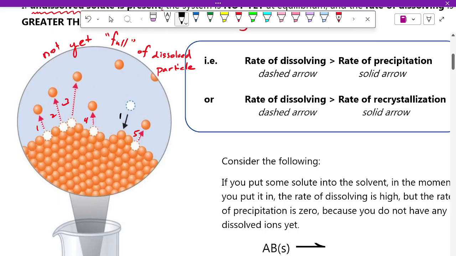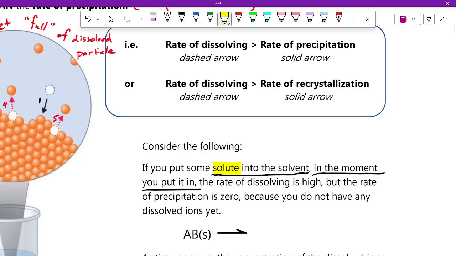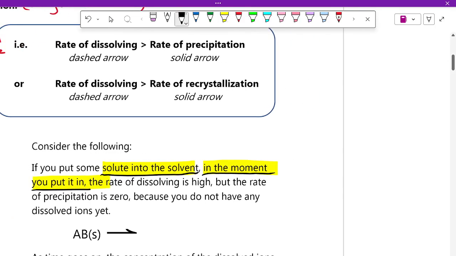Consider the following. You toss some solute into the solvent, and at the moment you put it in, what is the rate of dissolving like? Is it high or low?